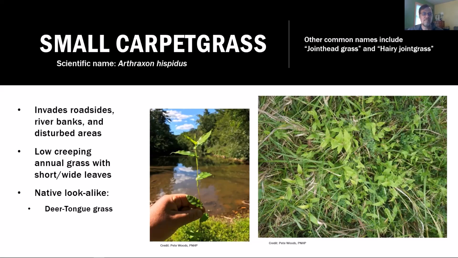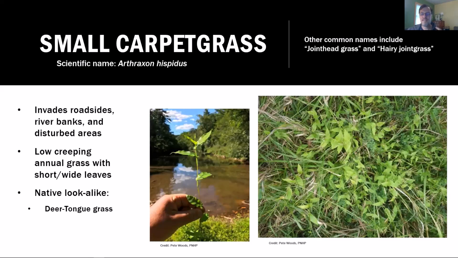It occurs in disturbed areas. It occurs along roads. It'll show up along streams. Strangely, it's almost always, at least every time I found it, growing alongside Japanese stiltgrass, which is another one that you should get to know.